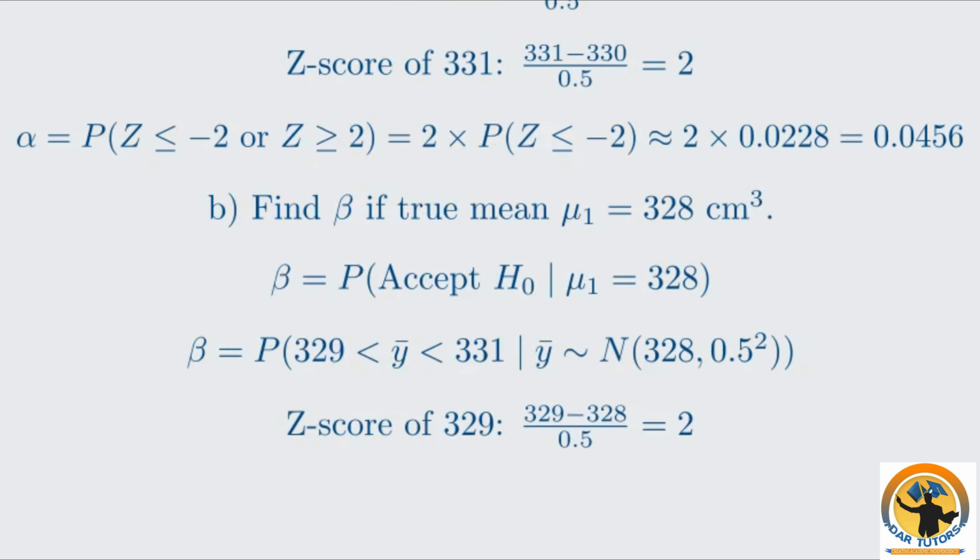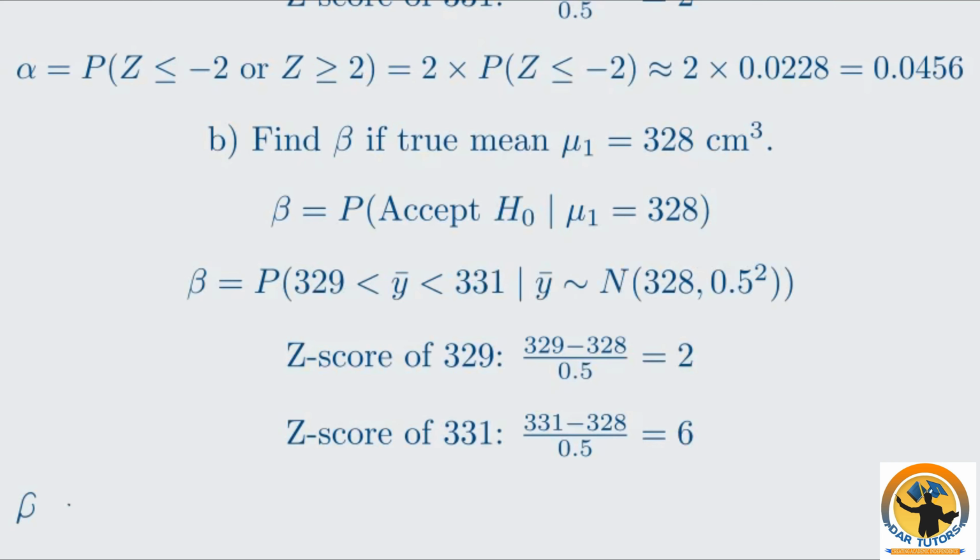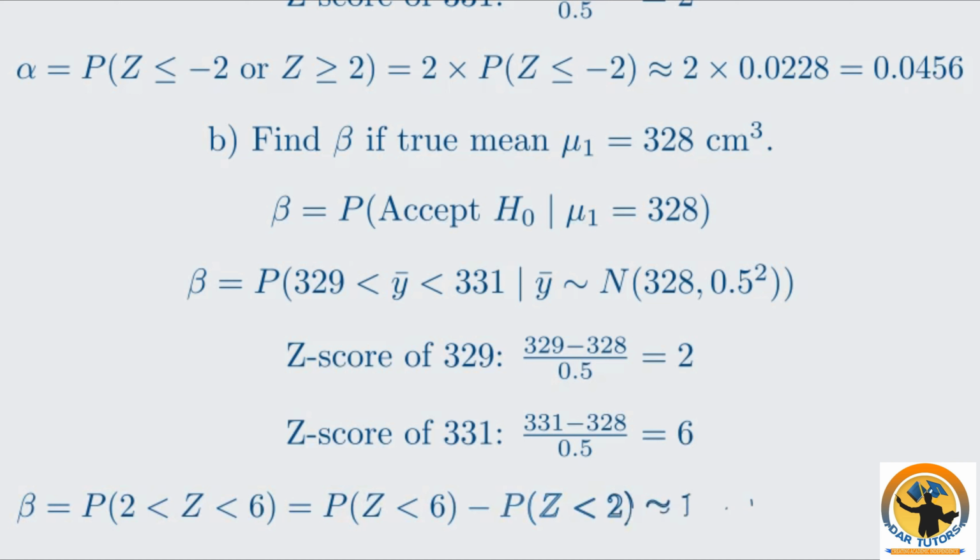The z-scores are (329 minus 328) over 0.5, which is 2, and (331 minus 328) over 0.5, which yields 6. We want the probability that z is between 2 and 6. This is P(Z < 6) minus P(Z < 2), which is approximately 1 minus 0.9772, or 0.0228. This is a fairly low beta, meaning the test has high power to detect a true mean of 328.